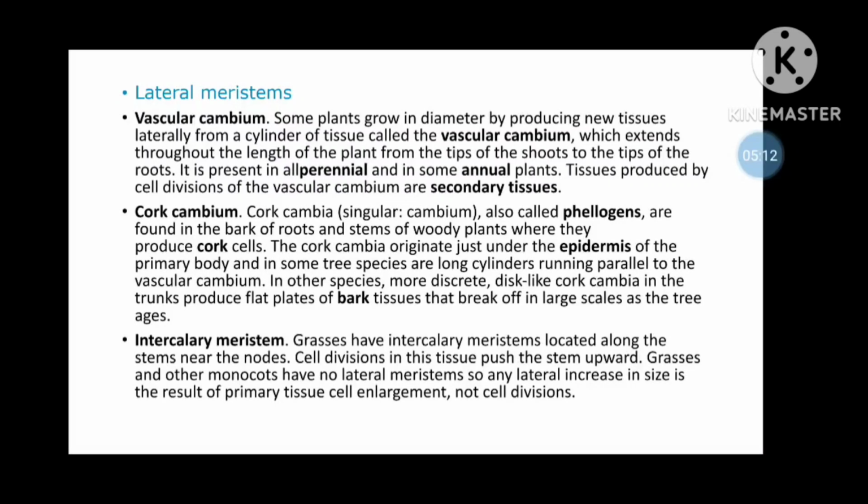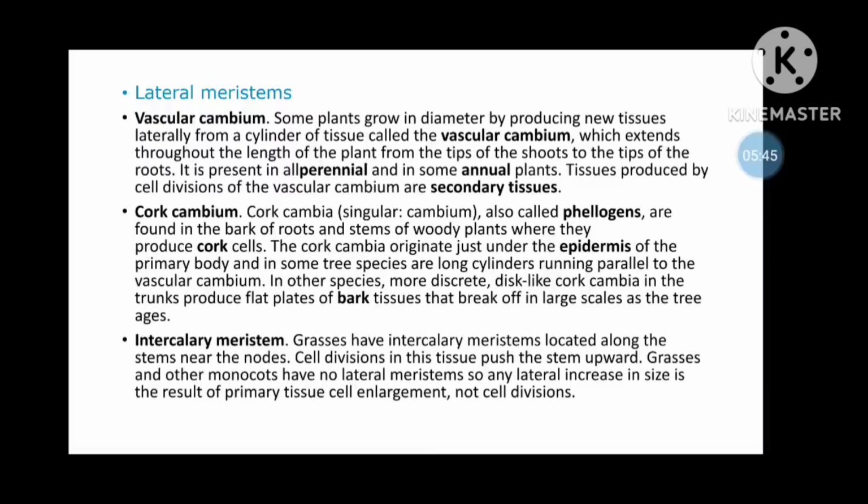Vascular cambium: some plants grow in diameter by producing new cells laterally from the cylinder of tissue called vascular cambium, which extends throughout the length of the plant from the tip of the shoot to the tip of the root. Means vascular cambium is mainly involved in the increment in the diameter of the plant.